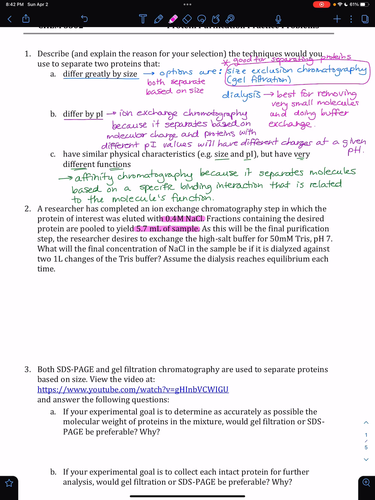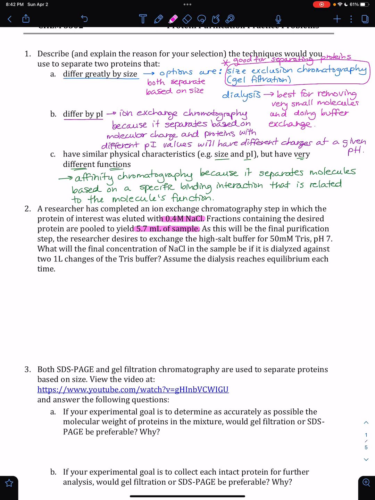So now the biochemist wants to change the buffer, and wants to get the protein into 50 millimolar Tris. So what we want to know is if we do dialysis, where we have our desired buffer, the 50 millimolar Tris on the outside, and our original solution on the inside, what will the final concentration of salt be?